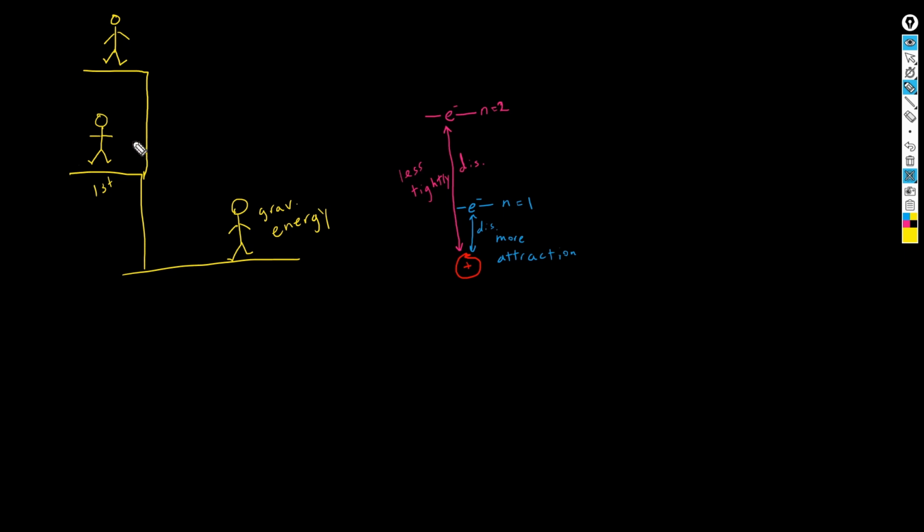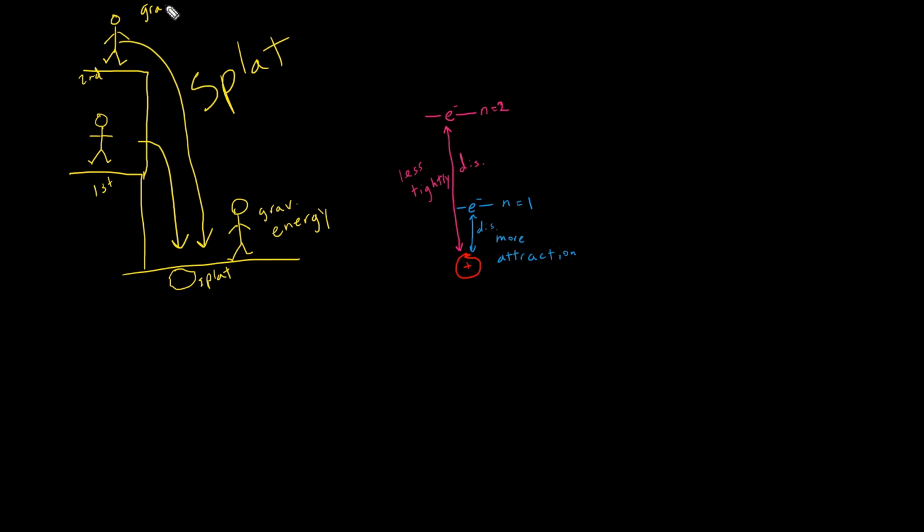And we can think of it as if you fall from the first floor, then you make a little splat. But if you fall from the second floor, you make a much bigger splat. And that's because you have much more gravitational energy. Oh, this is the second floor. You have more gravitational energy up here than you do on the first floor or even on the ground floor.